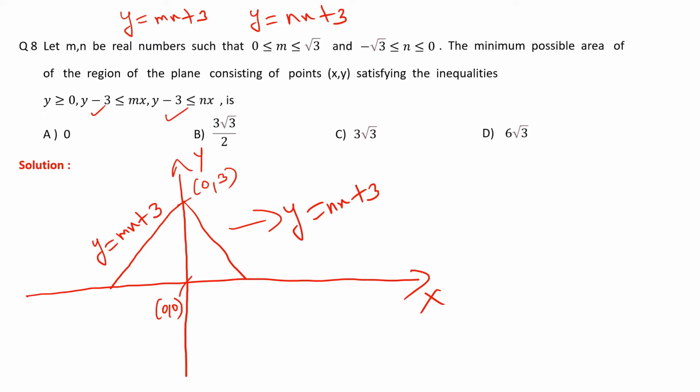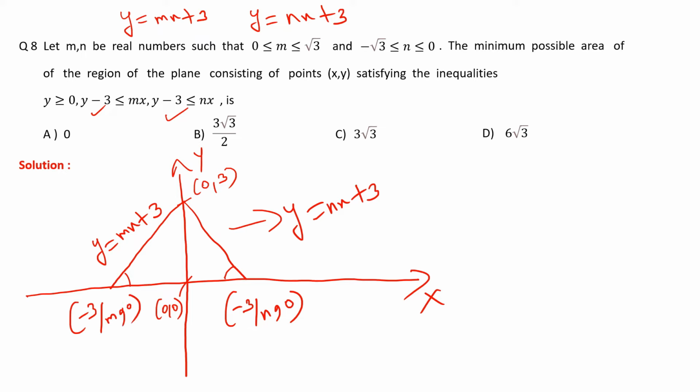And it is going to make an acute angle with the positive x-axis, right? Now let's find the coordinates of these points as well. This is minus 3 upon n comma 0, and this is going to be minus 3 upon m comma 0.